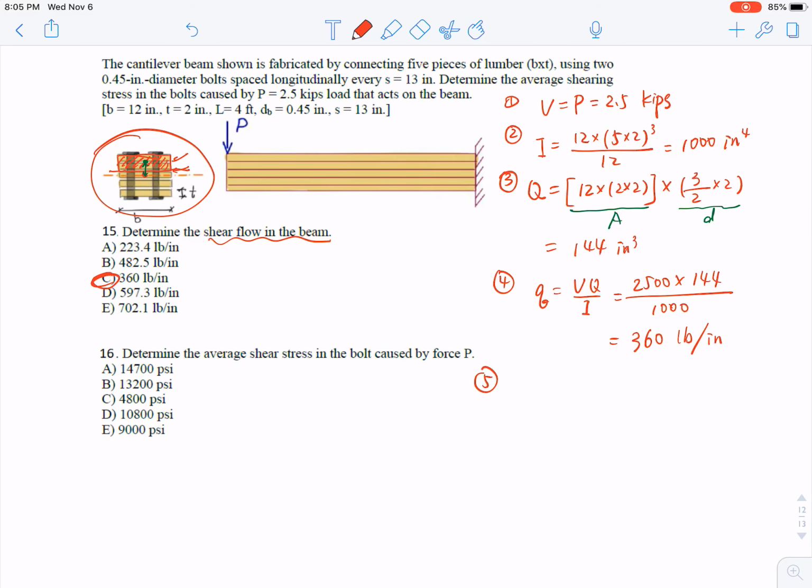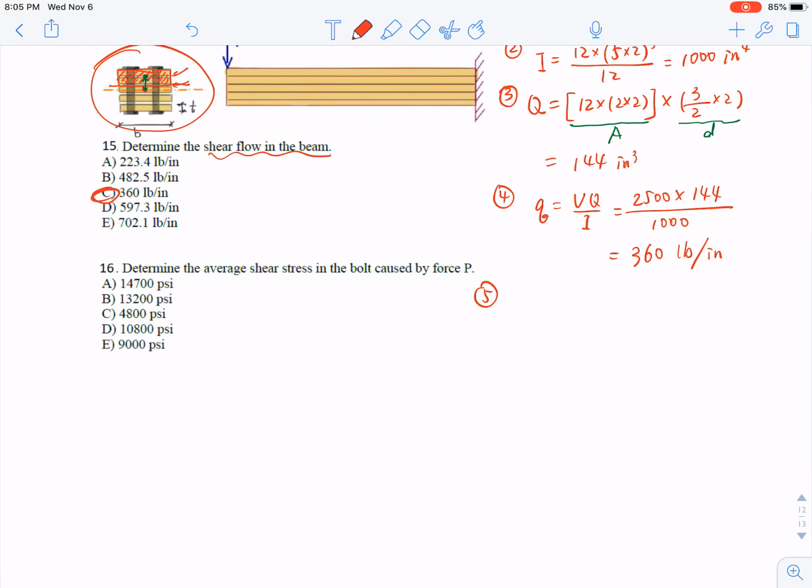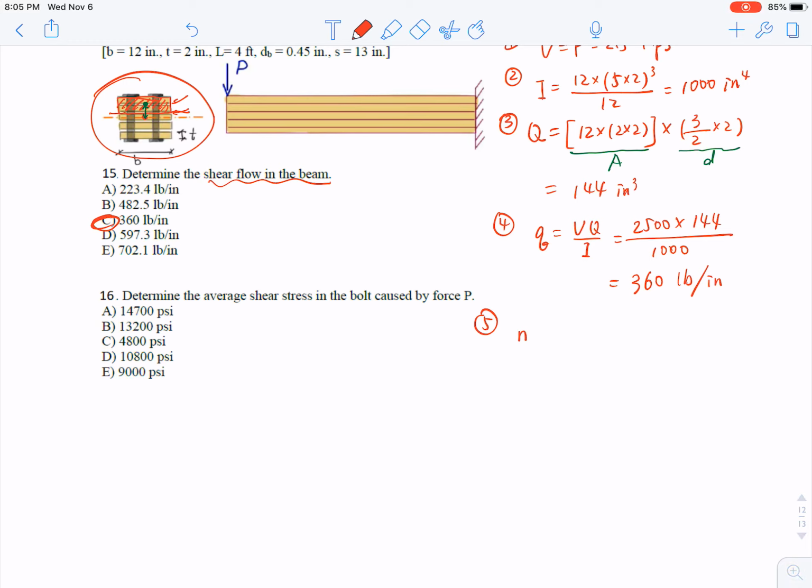Then the last step, just use our equation. We have another equation: M V pin should be larger than QS.